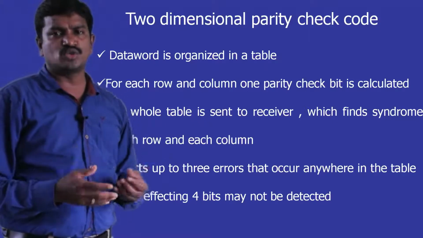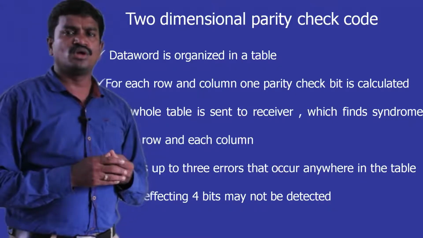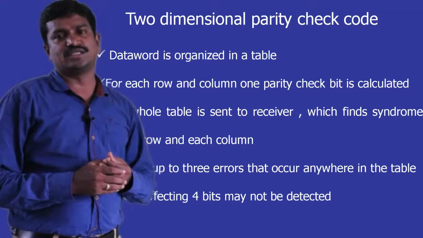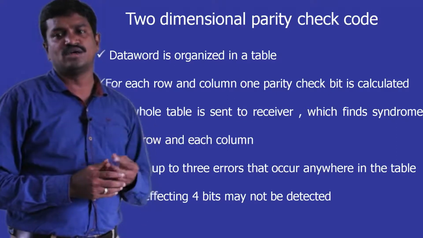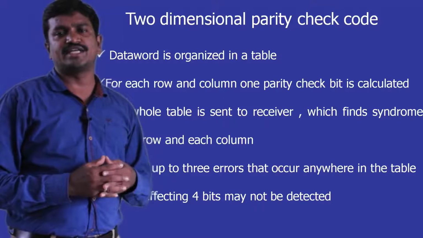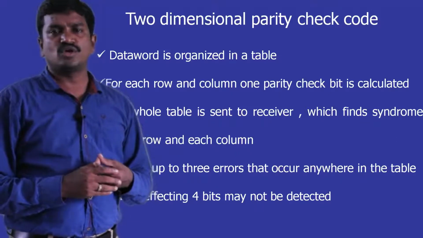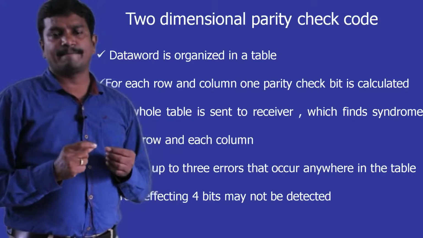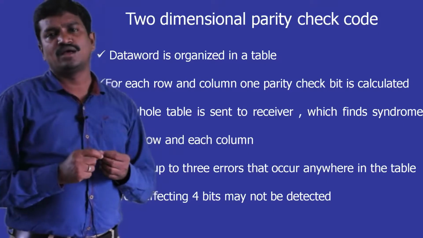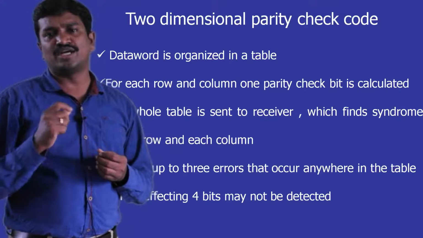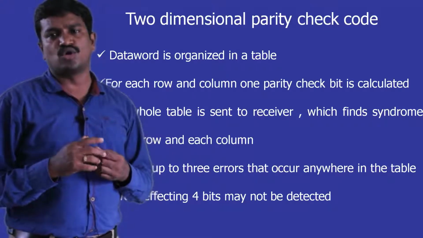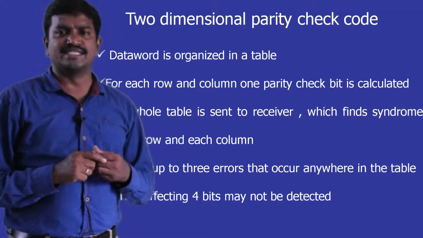Now, how far is it going to work? It is going to detect up to 3-bit errors. 1-bit, 2-bit and 3-bit errors can be detected, but it fails to detect 4-bit errors. If 2-bit errors occur in one row and 2 more bit errors occur in another row, these two are neutralized.